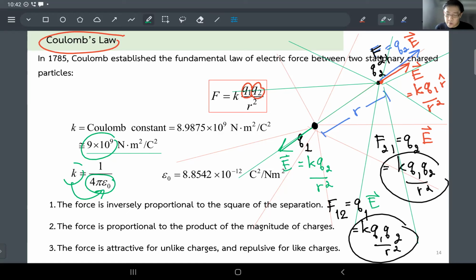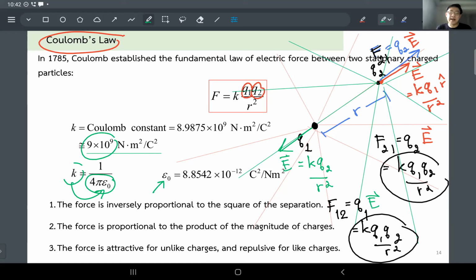We'll have a chance to get back to this, but don't be confused if sometimes you see the formula using K, or sometimes using 1 over 4 pi epsilon naught. They are the same thing. And that's pretty much it, it's done.